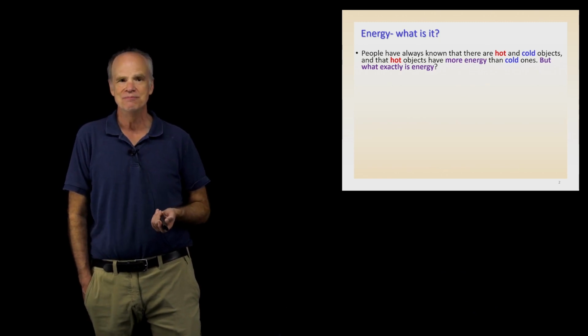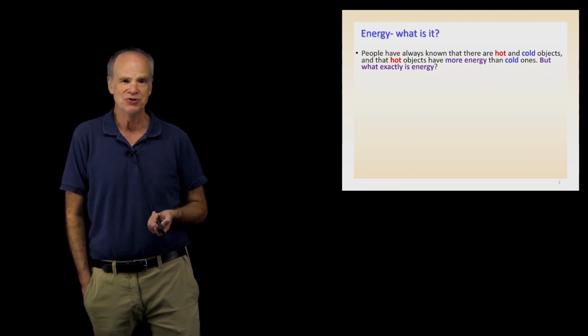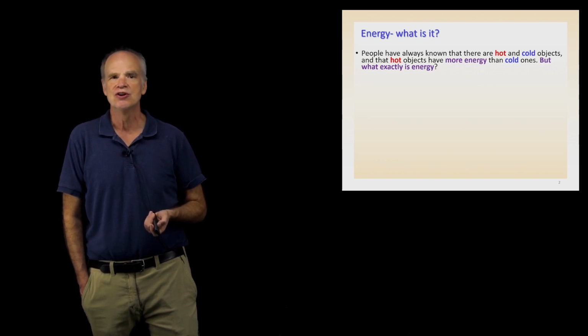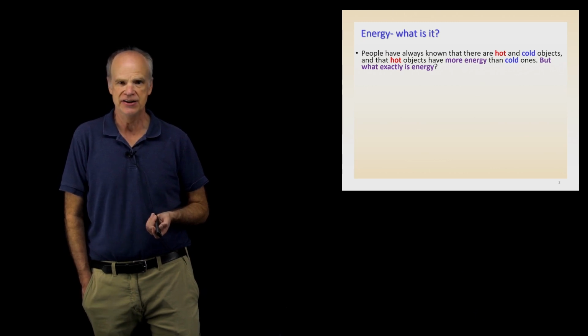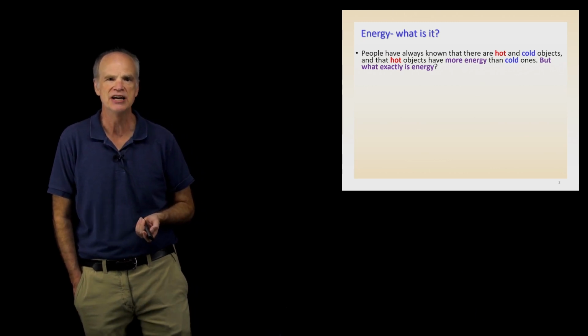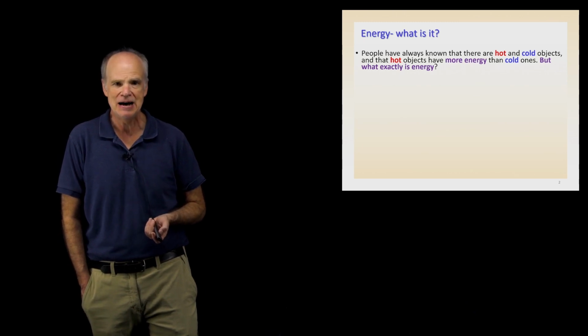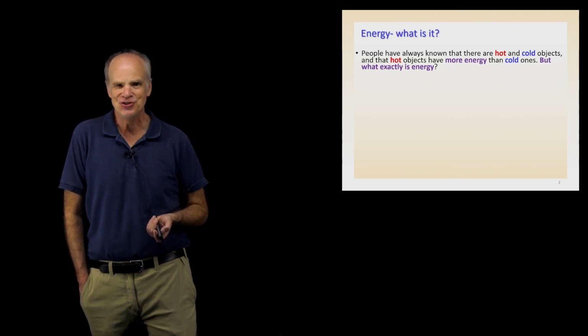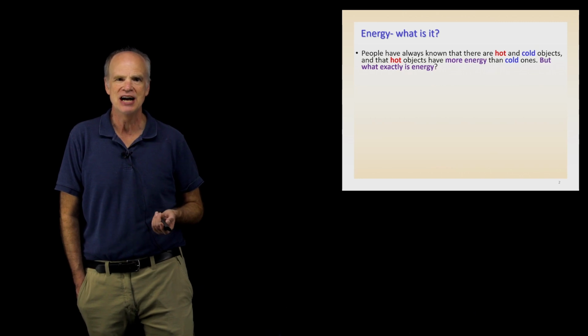Before 1800, people actually thought that the reason why the hot object had a lot of energy is because there were a lot of atoms called energy atoms, or you can call them caloric atoms. I think that's what they called it back then. And that a hot object is hot because it has more of these energy or caloric atoms, while a cold object has fewer of these energy or caloric atoms.